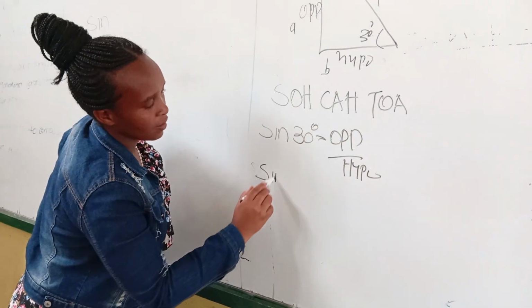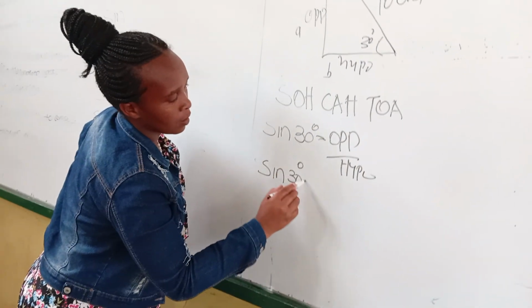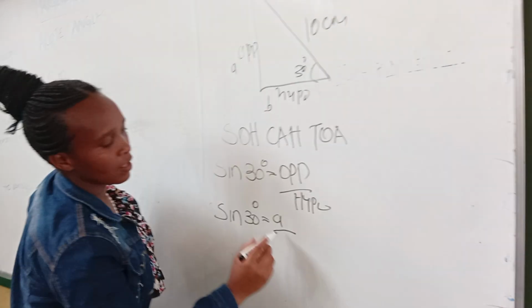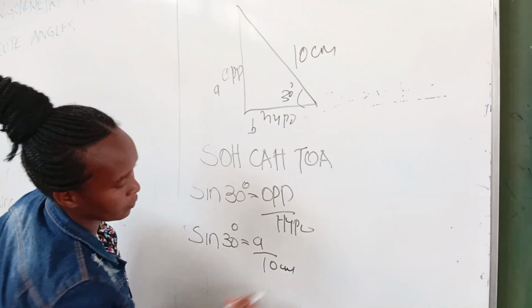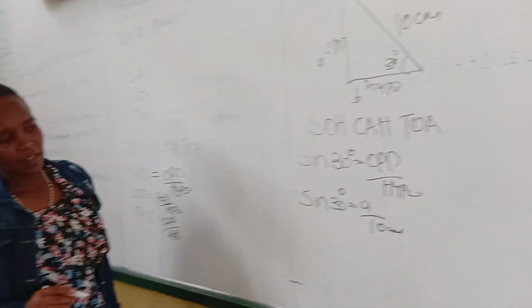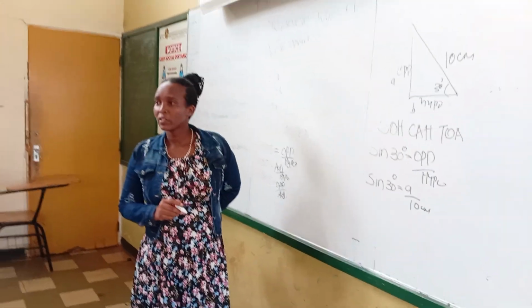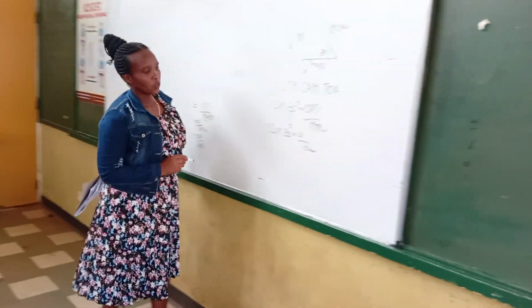So sine 30 equals our opposite, A, over hypotenuse, which is 10 centimeter. Sine 30 is 0.5.